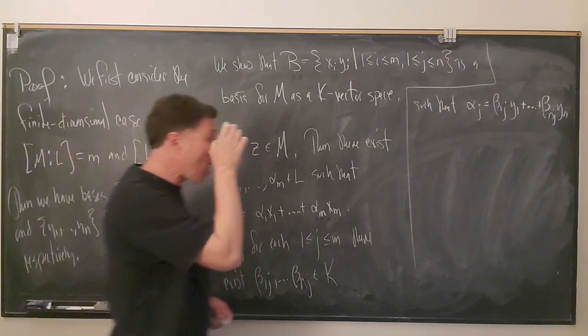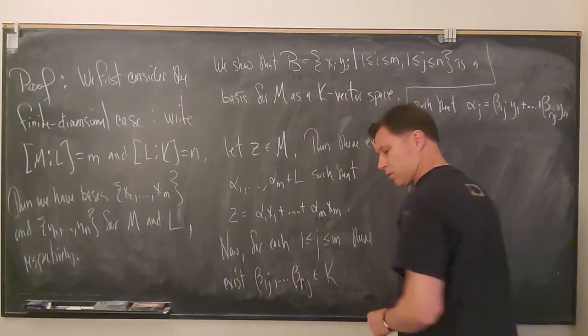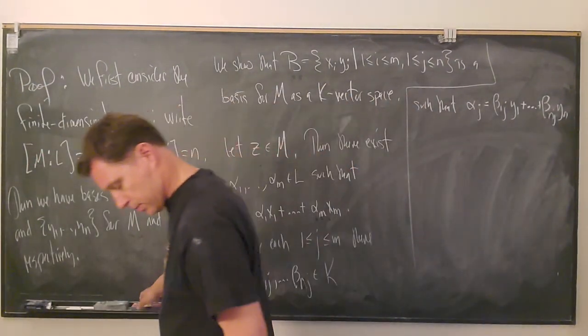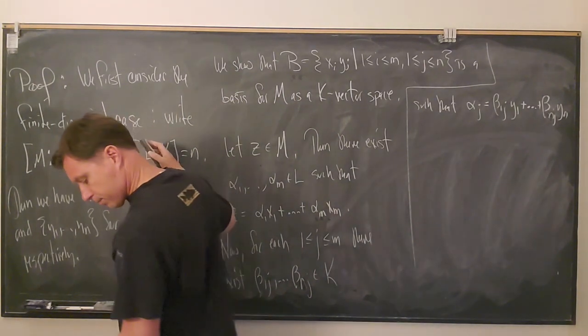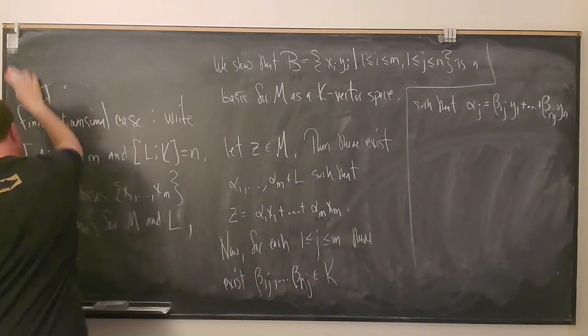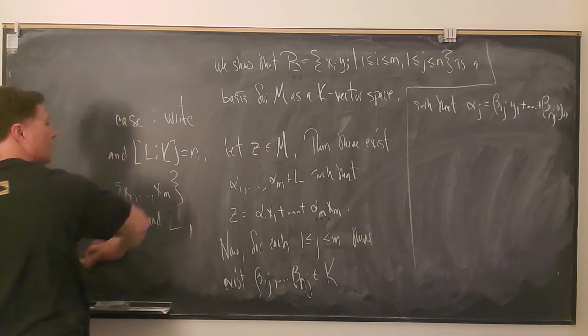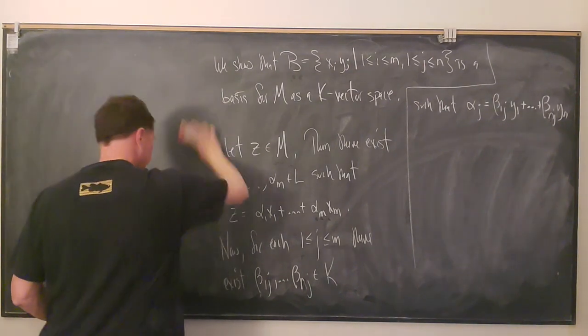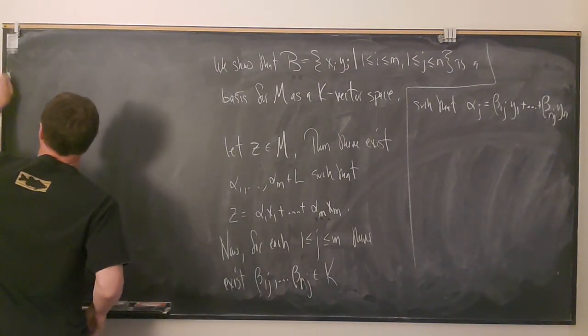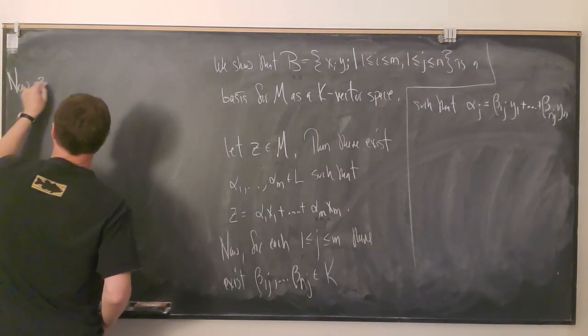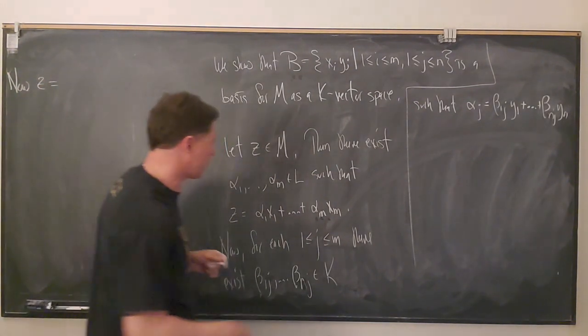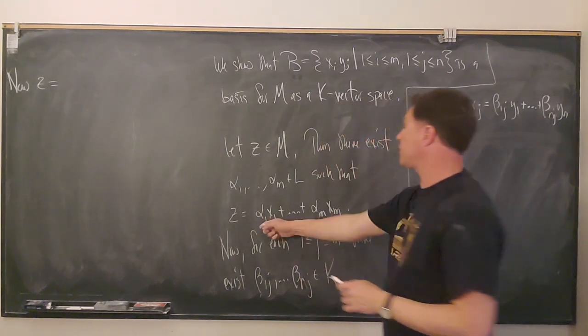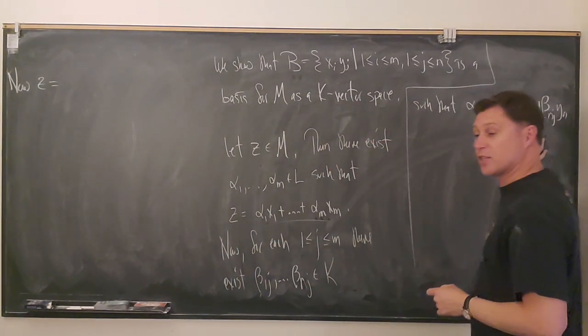Okay, so now let's put all this together, and I'm totally going to run out of room. Let me erase something here. So now I'm just going to substitute. So now z is equal to this linear combination right here, but each of the alphas can be expressed as the linear combination of the y's.